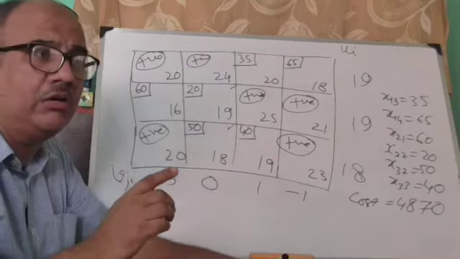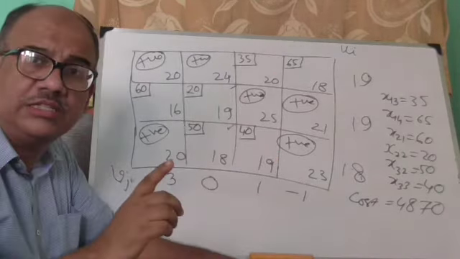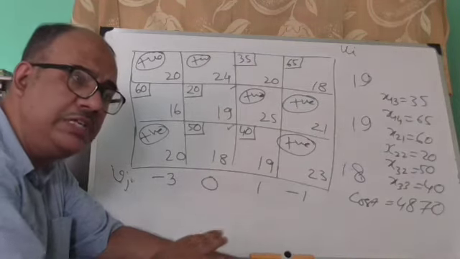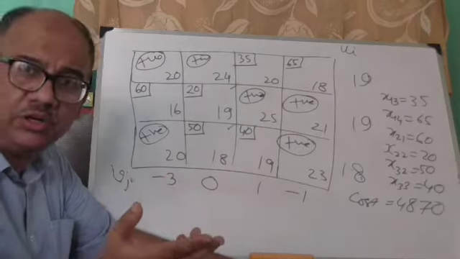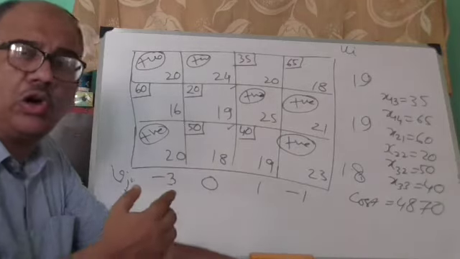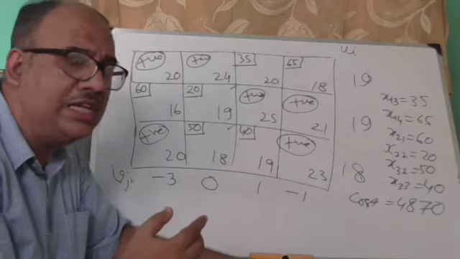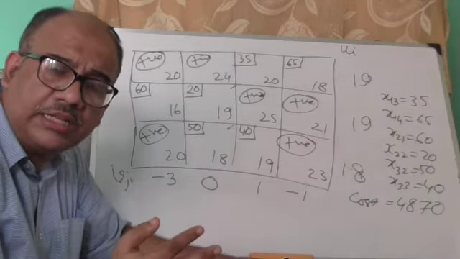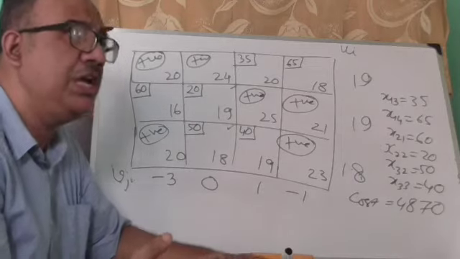So in case of optimality test, for allocated cells you have to find out the Ui and Vjs. After you find out Ui and Vj by taking one of them as 0, then for non-allocated cells you calculate the Wij values. If the Wij are all greater than or equal to 0, then the solution is optimal.